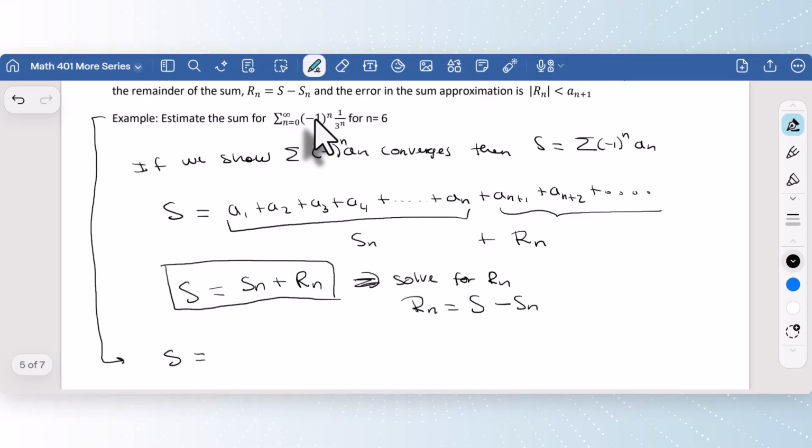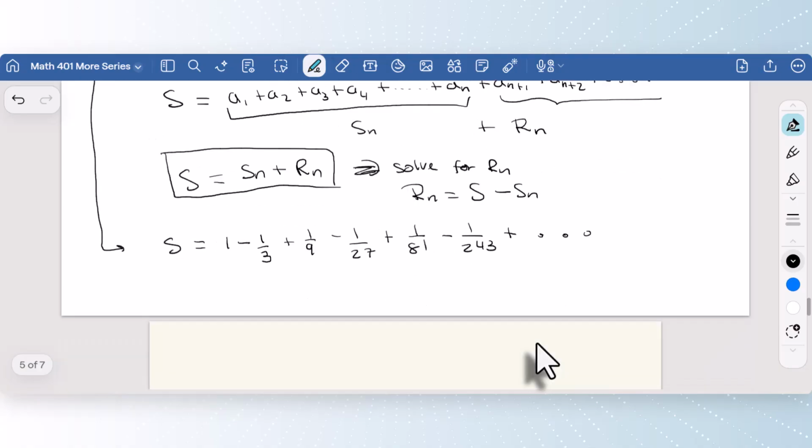When n is 0, that's just 1 all around. And then minus, right, now we start alternating when n is 1. So minus 1/3 plus 1/9 minus 1 over 27 plus 1 over 81. How many terms is that? 1, 2, 3, 4, 5. We need one more. Minus 1 over 243. And then plus dot, dot, dot. That becomes our Rn.